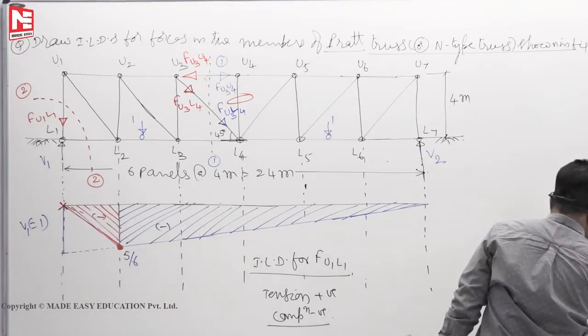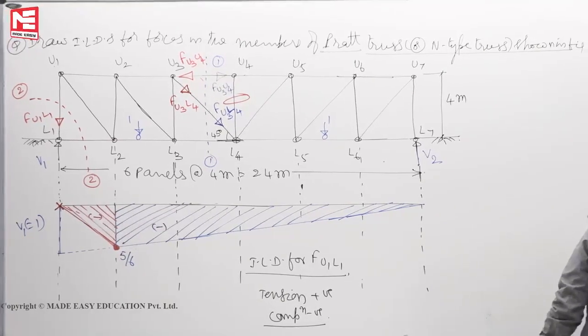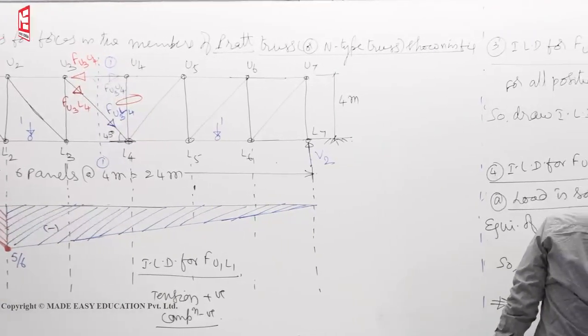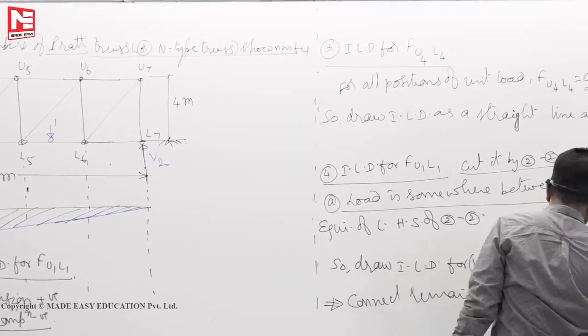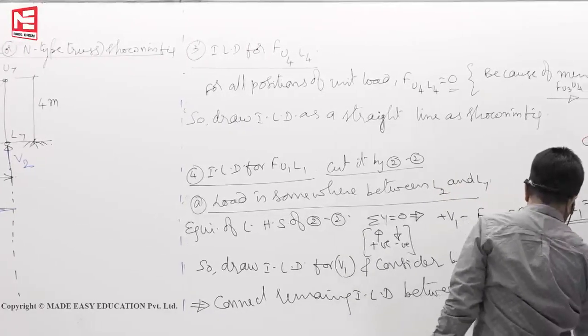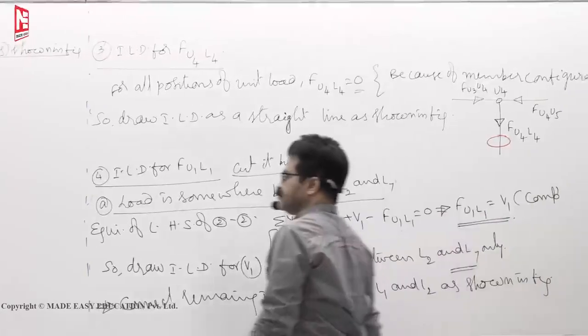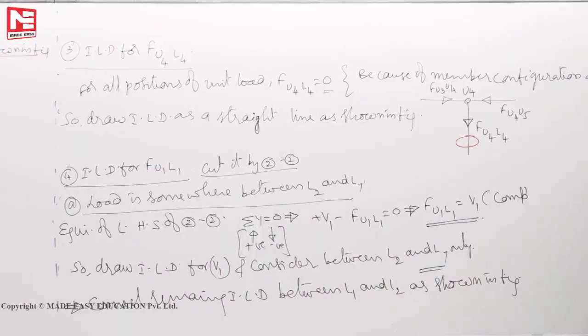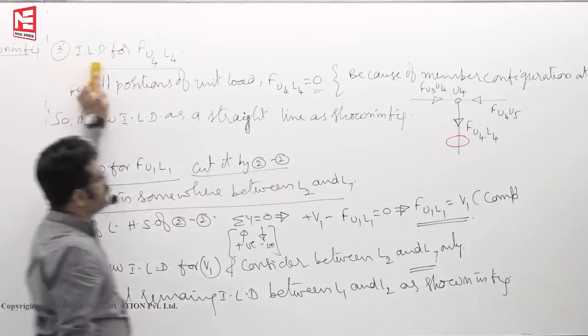So here what we have to do is connect the remaining ILD between L1 and L2 as shown in figure. Now we'll see what happens when the load is exactly at L1, let us see.